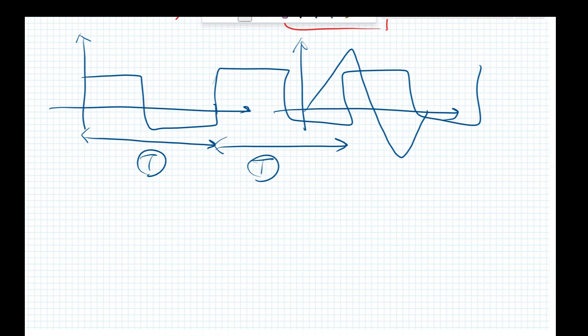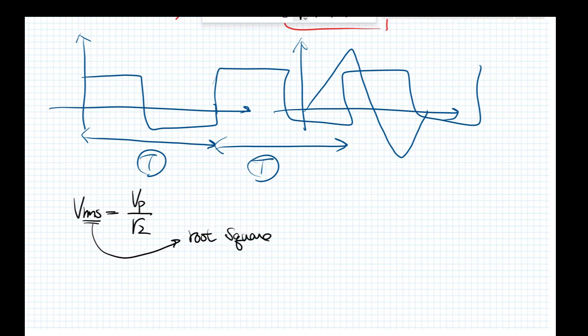And then we're going to learn about the RMS value, especially for voltage RMS. So the RMS voltage is the peak voltage divided by root 2. RMS means root mean square.